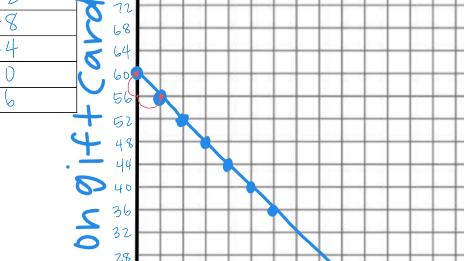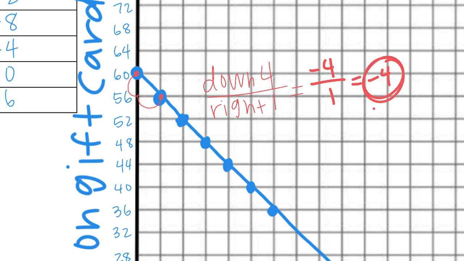So this one space was going down 4, and we did count by 1 on our x-axis. So we did go right 1. Down 4 would be a negative 4, and right 1 would be a positive 1, giving us a slope of just negative 4.